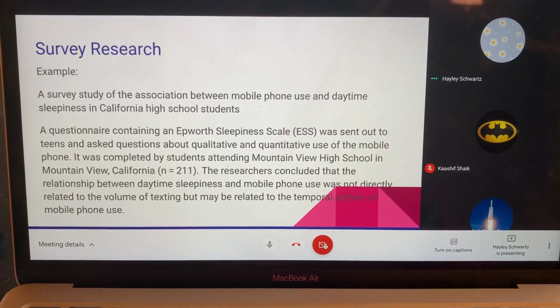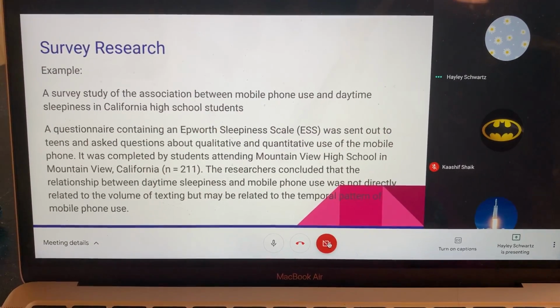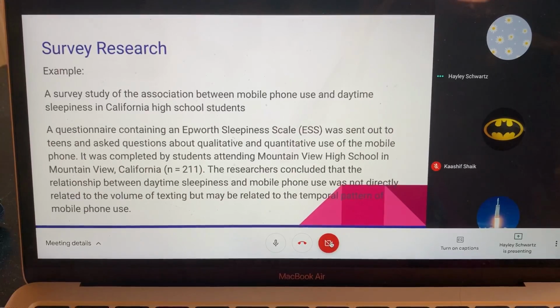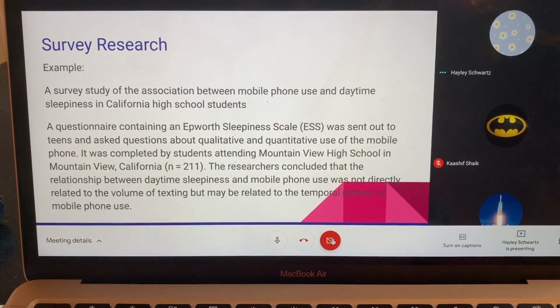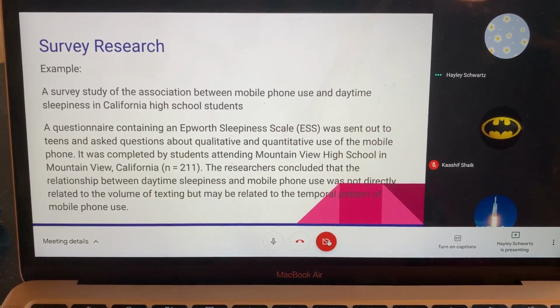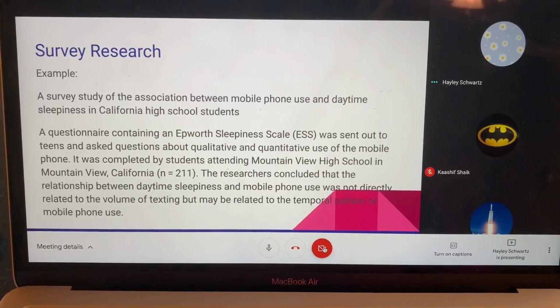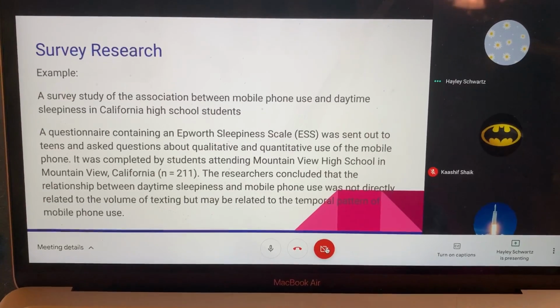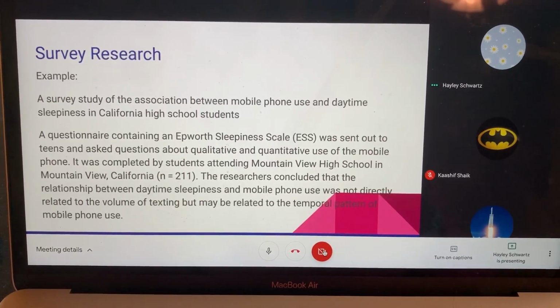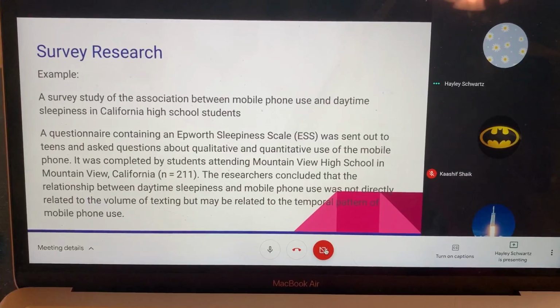It was completed by students attending Mountain View High School in Mountain View, California, and the sample size was 211 students. The researchers concluded that the relationship between daytime sleepiness and mobile phone use was not directly related to the volume of texting, but instead to the temporal pattern of mobile phone use.